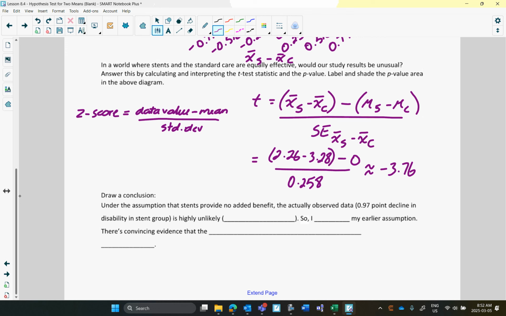So to calculate the p-value, this is where we do a normal distribution calculation, but because we're dealing with means, it's a t-distribution calculation. So we're going to do tcdf. And when you bring that up, it's going to ask for the lower. And remember, we're working on this side, so the lower is going to be negative 1,000. The upper is going to be negative 3.76.